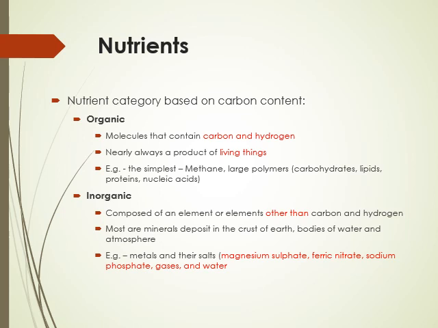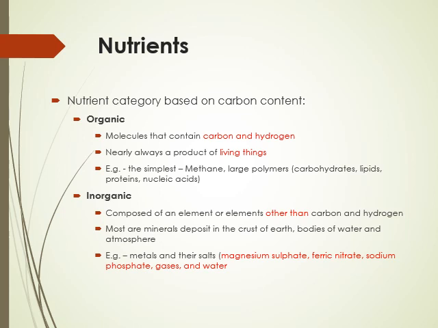So what is organic? Organic are molecules that contain carbon and hydrogen. So it must have carbon and hydrogen, not just carbon or just hydrogen. These molecules are nearly always a product of living things. So it is present in all living things.